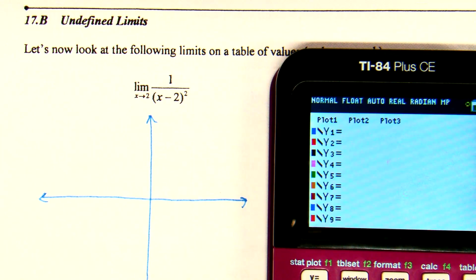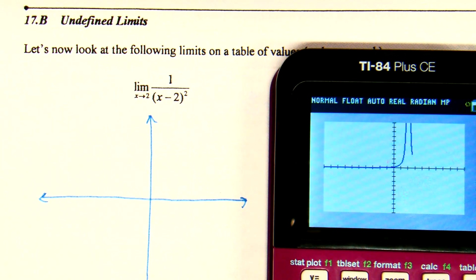Okay. Whatever it is. Okay, 1 divided by parentheses x minus 2 parentheses squared. I'm going to do a zoom 6. What do you see happening here? There is an asymptote. Where is that asymptote at? 2.